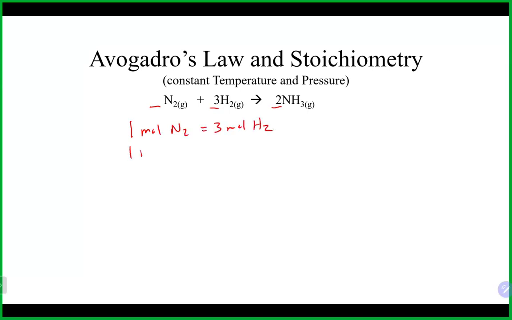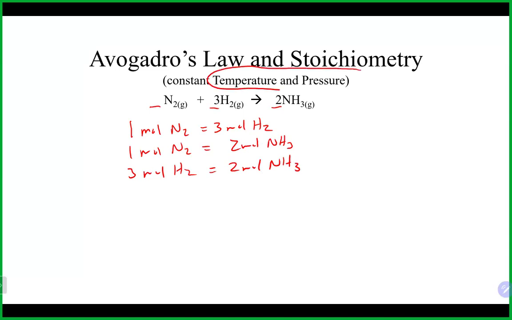For every 1 mole of N2, we get 2 moles of NH3. And every 3 moles of H2, we get 2 moles of NH3. So we could do our mole-to-mole stoichiometry relationship. But if you are at constant temperature and pressure, you could actually do a volume-to-volume relationship.